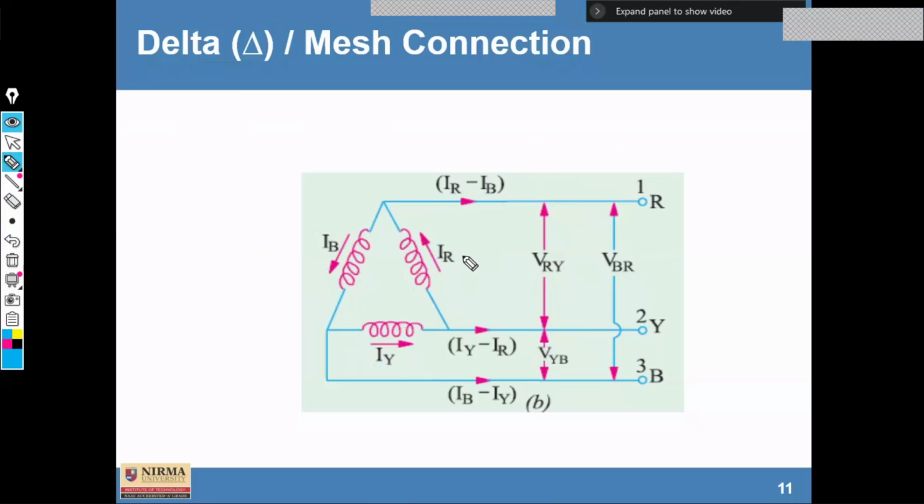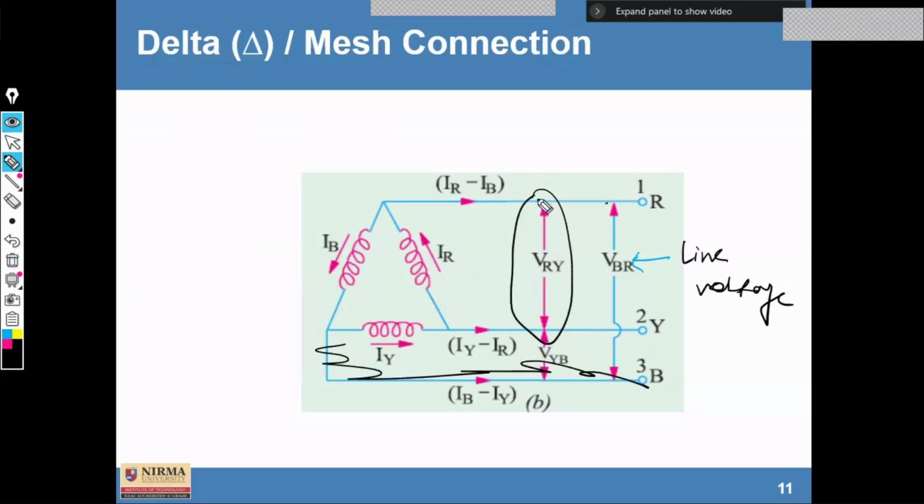Now if you look at the line voltages, what are the line voltages here? For the time being, if you remove this circuit, you can say the voltage VRY is exactly connected across this phase VR and this phase. So whatever the value of voltage VRY, a similar value is also across this because it is connected in parallel lines.